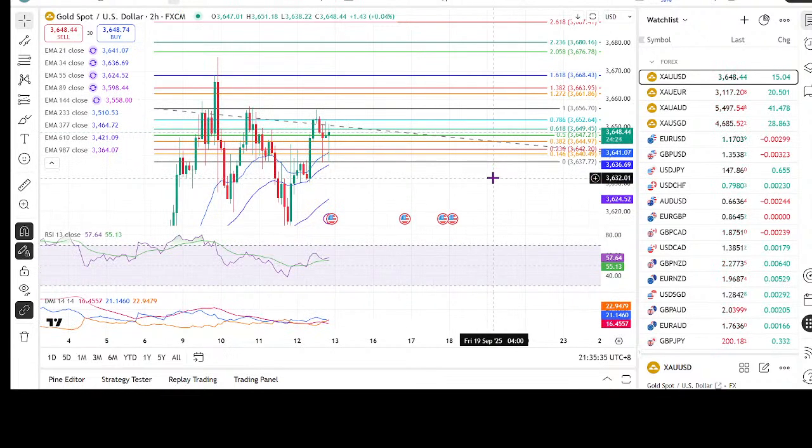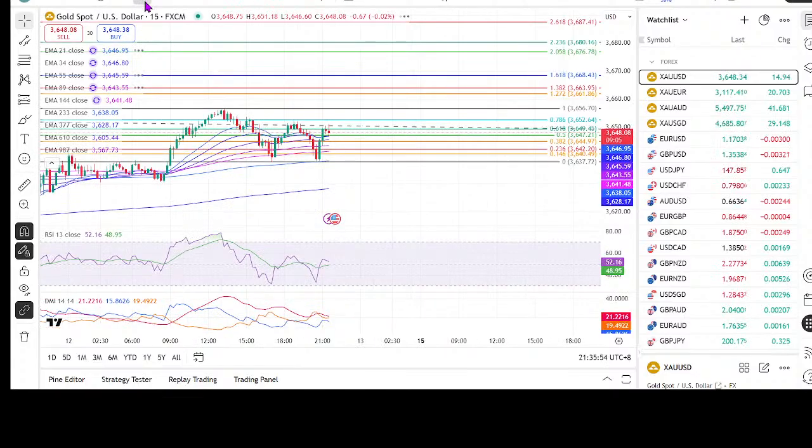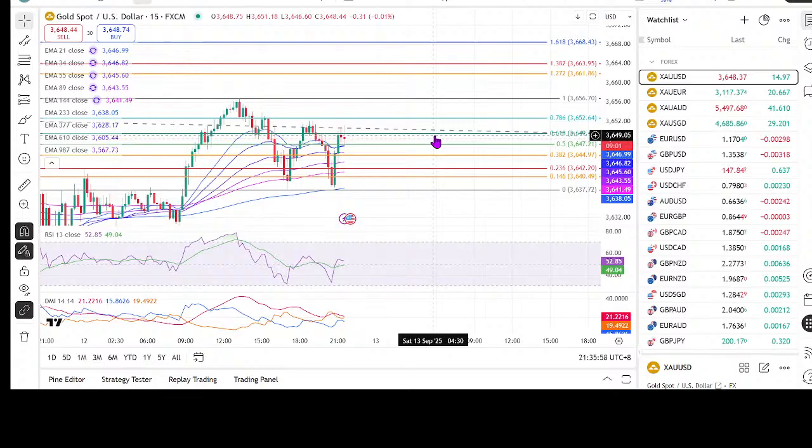Now if we look into the 2 hours, we are seeing a range. The 2 hours has just started, and this is going to last for another 25 minutes. Looking at this, it looks like the market has got no strength to go further.